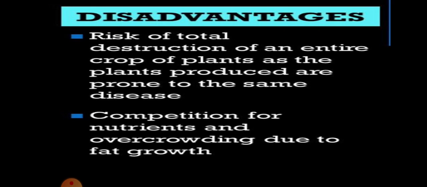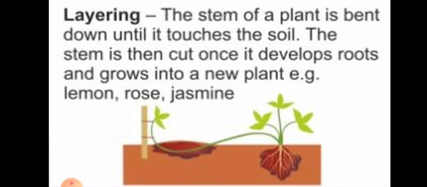Now let us see artificial vegetative propagation. The artificial method of vegetative propagation is widely used in agriculture and horticulture, where plants, flowers, fruits and vegetables are grown. In artificial vegetative propagation, we are going to study four ways.